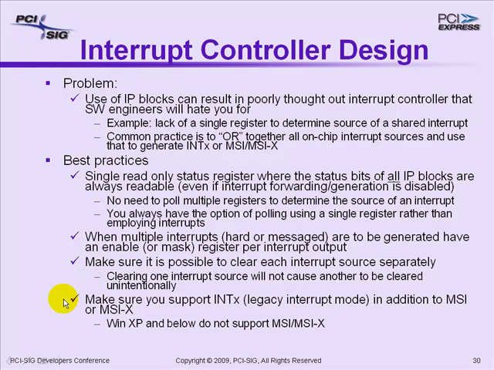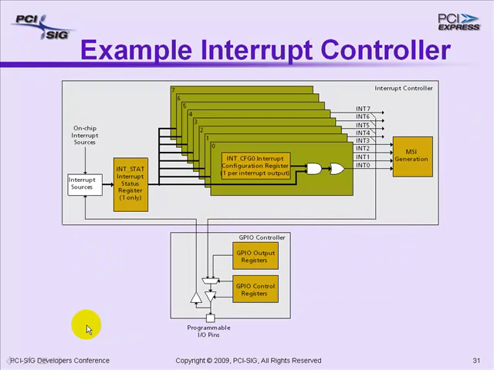Make sure that you support INTX, the legacy interrupt mode, in addition to MSI or MSIX. WinXP, for example, and below do not support MSI or MSIX, only legacy interrupt. So this is an example of an interrupt controller.